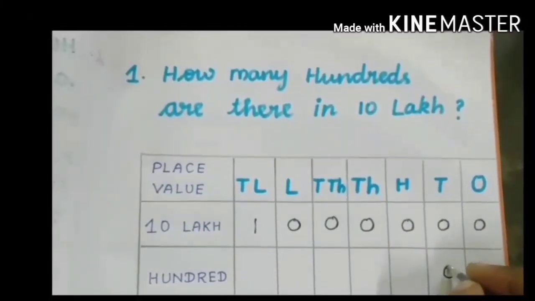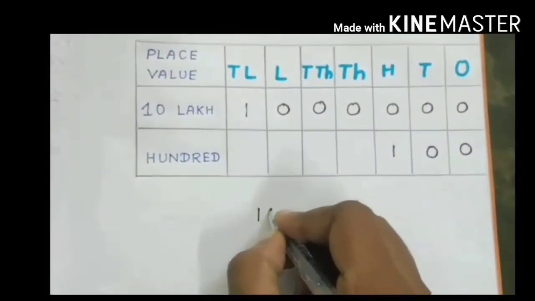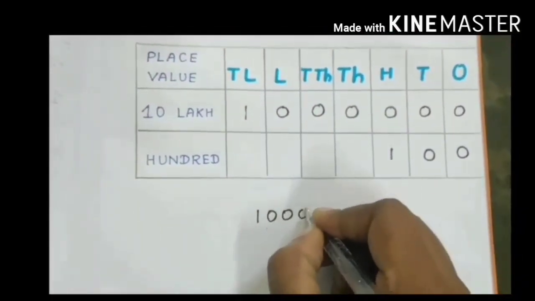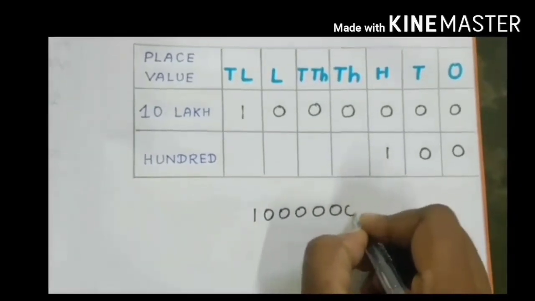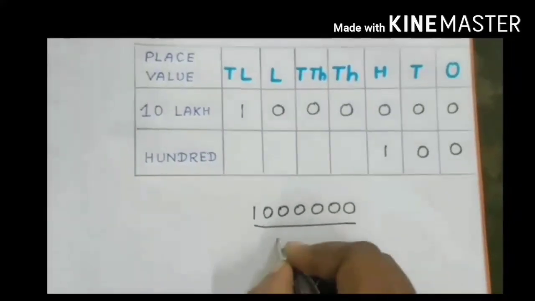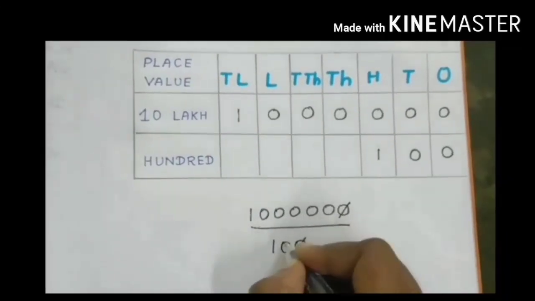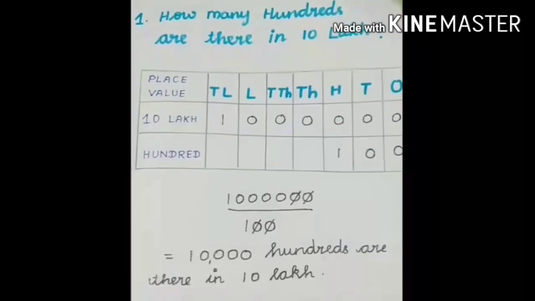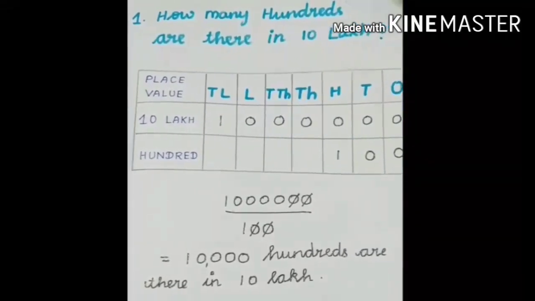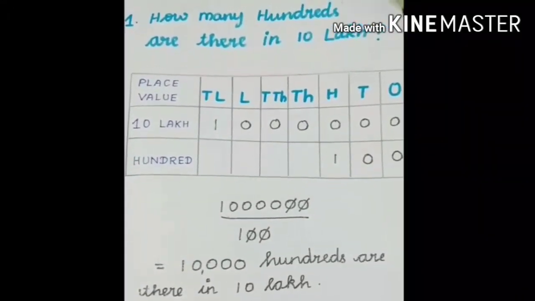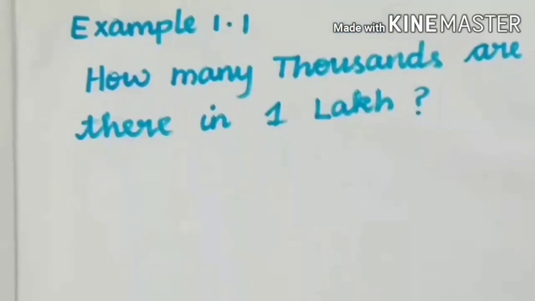Ones, tens, hundred. First, you have to write the highest value in the numerator and hundred in the denominator. In the numerator, you have 6 zeros and in the denominator, you have 2 zeros. Cut down first. After cutting down the zeros, you get 10,000 hundreds in 10 lakh.